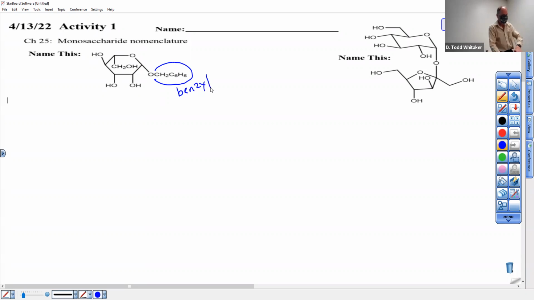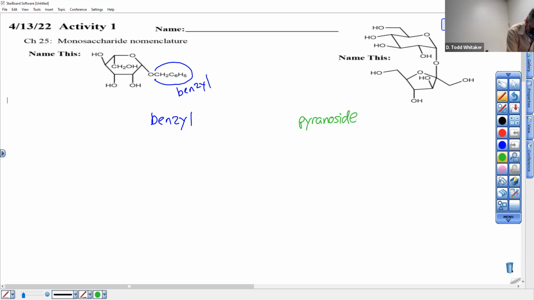So the name is going to start with, let's leave room for work on the left. Benzyl, space, then a big word with pyranoside at the end. Oh, I'm in jeopardy when I try to space things appropriately.